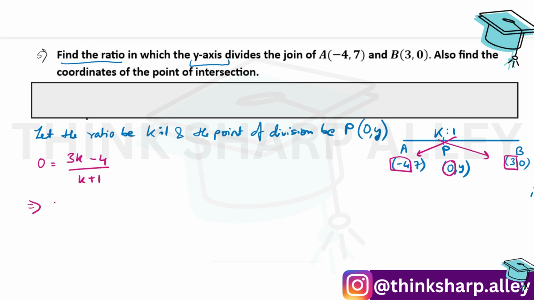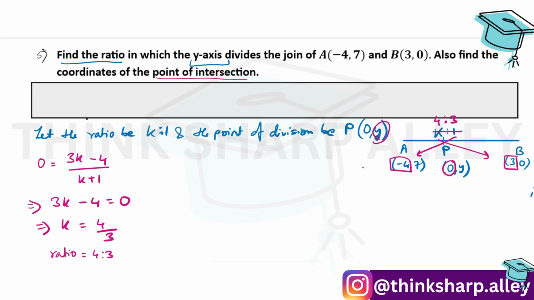So k plus 1 into 0 is 0. So we are getting this equal to 0. So k is equal to 4 by 3, which means our ratio is 4:3. So quickly, instead of k:1, we will write 4:3.